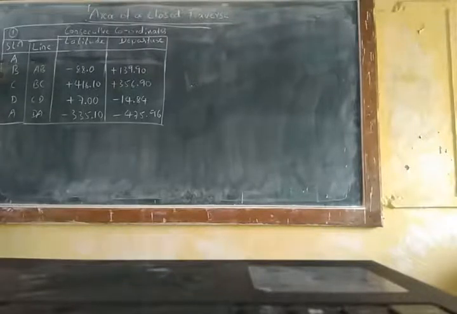Now AB, here the line will become AB. There is only one station above, so above the A station there is nothing, and for that reason we can't write a line here. When it comes to AB, the line will be formed. Then B to C will become the BC line, then C to D the CD line, and D to A the DA line.